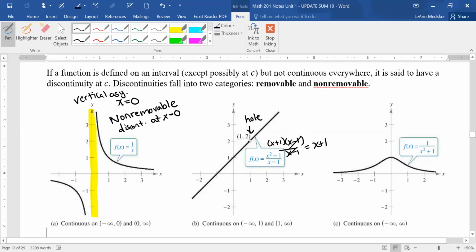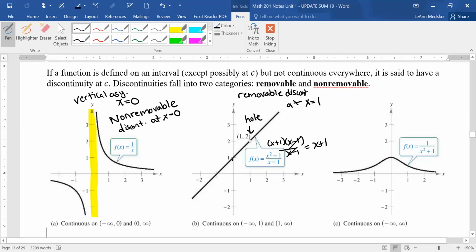Because this hole could be plugged, it is something that could easily be fixed by defining a piecewise function. You could technically force this to be continuous. But the way it's drawn right now, it is what we call a removable discontinuity, and this happens at x equals 1.